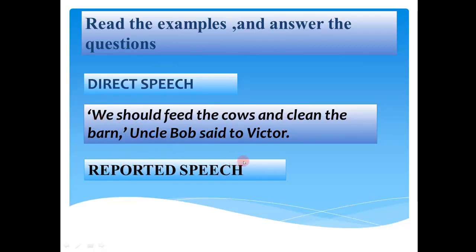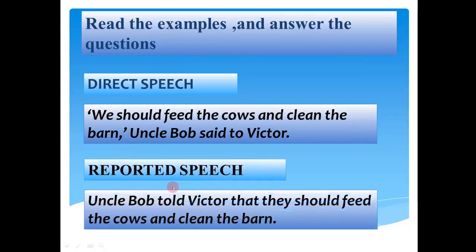Yes, the answer will be: Uncle Bob told Victor that we put that, omit the quotation marks, we becomes they, should stays the same, they should feed the cows and clean the barn.